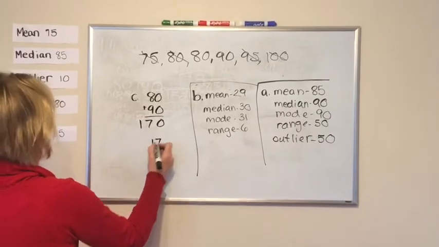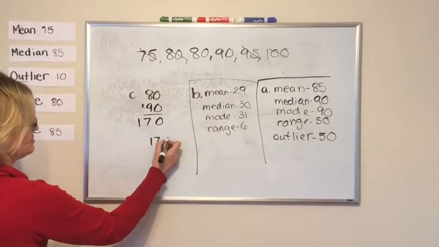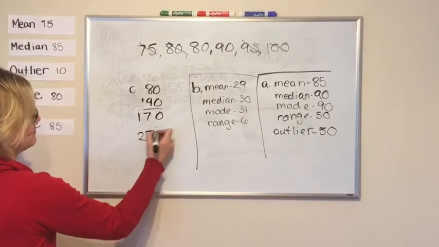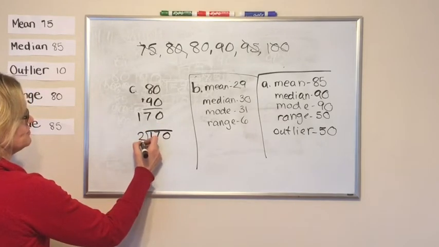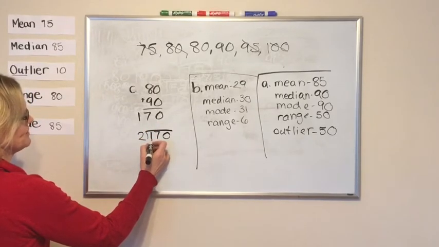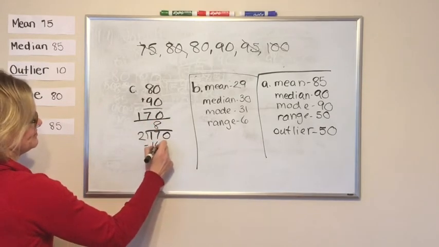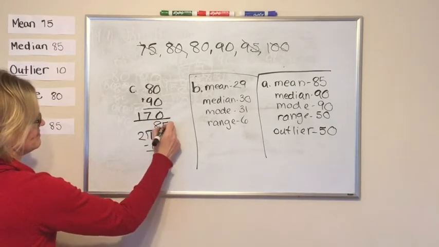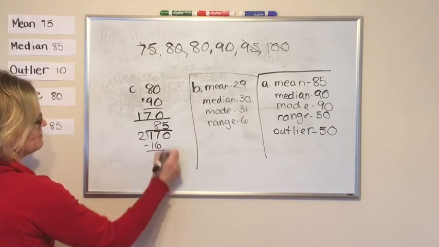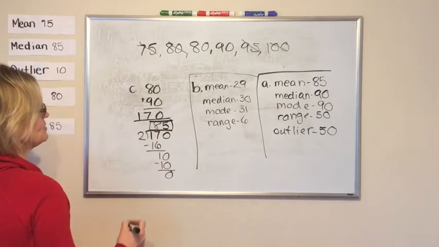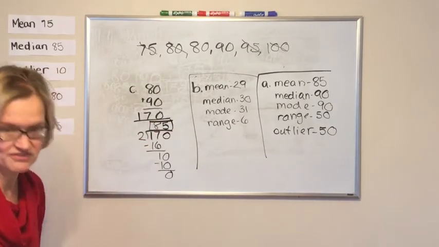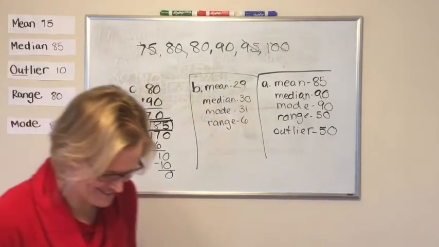And then we need to find our mean or average. 2 can go into 17. We can't do 9, but we can do 8. And that is even, no remainder. Okay, so your answer for letter C to find your median would be 85.